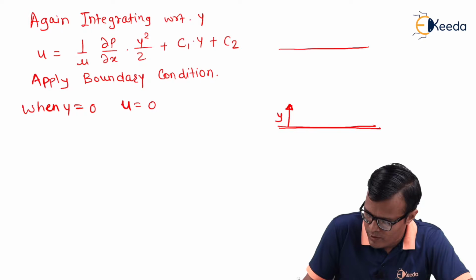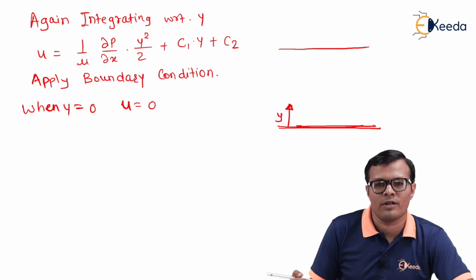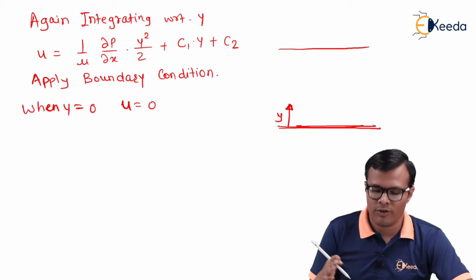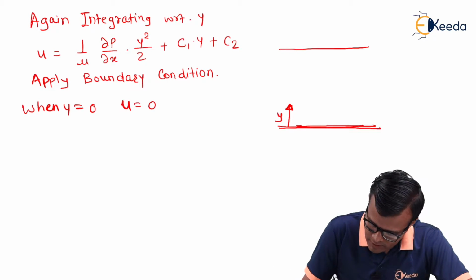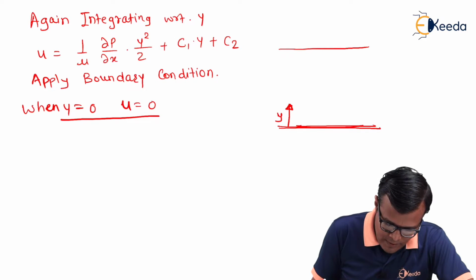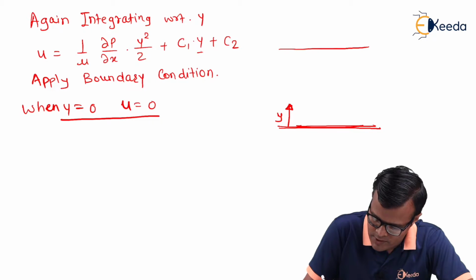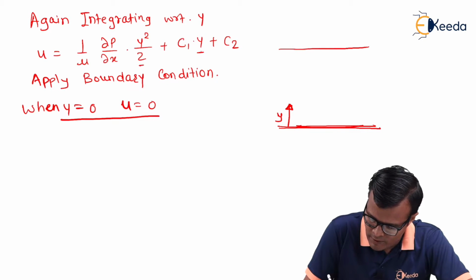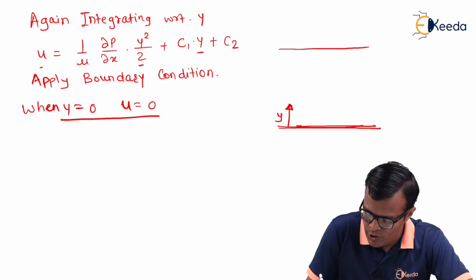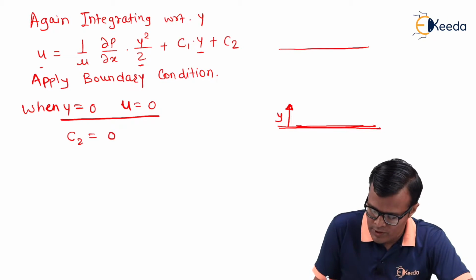So at the edges, due to the no slip condition, there exists zero velocity of flow. So if y equal to 0, u equal to 0. Putting this value, this will become 0, this will become 0, this will become 0. So obviously the constant c2 will be equal to 0.